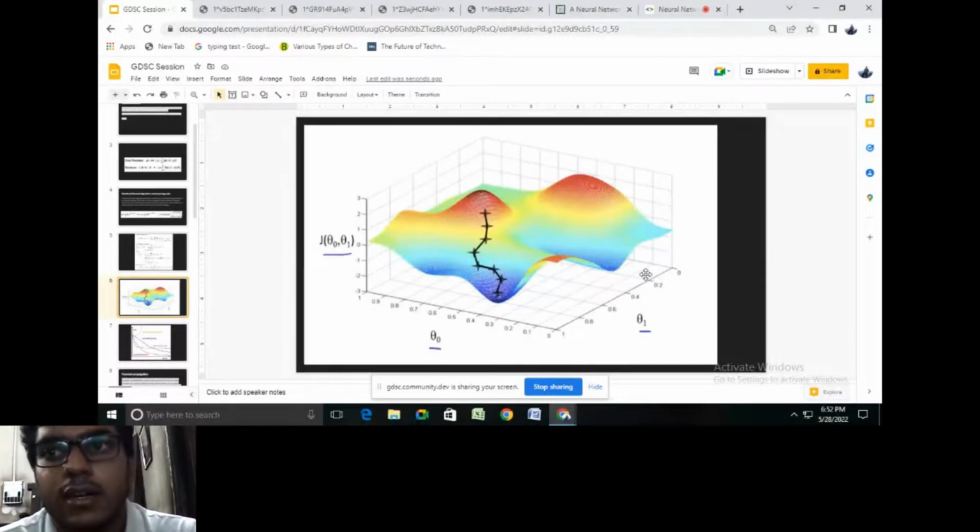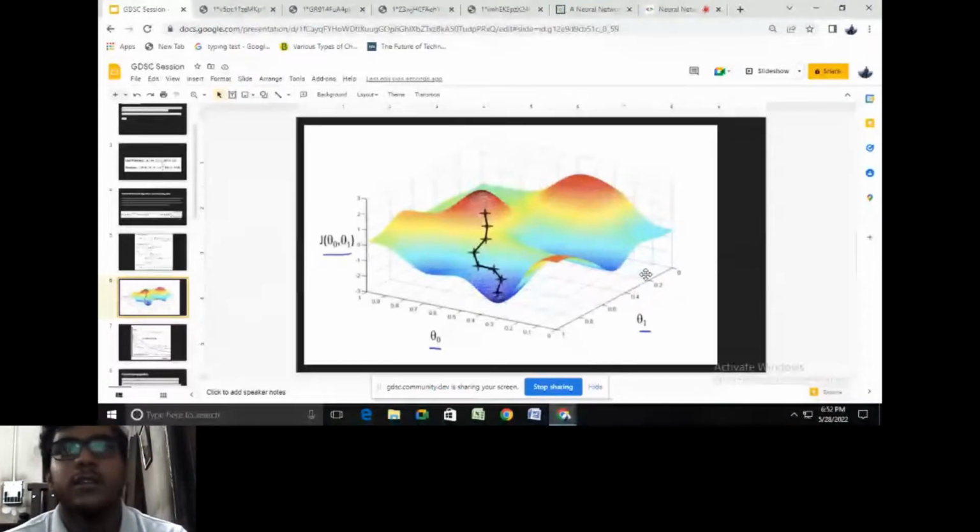Now this is something that is visualizable because there are only two parameters, theta 0 and theta 1, and the cost function depends only on these two parameters. So it is possible to represent this graph in a 3D space.